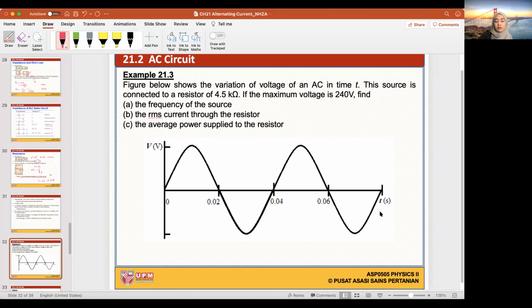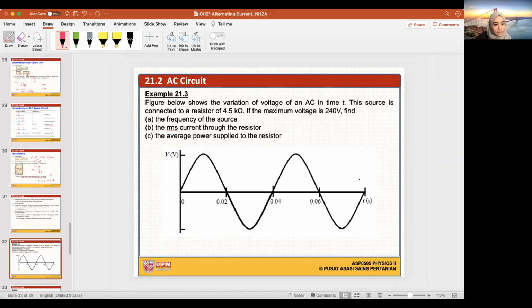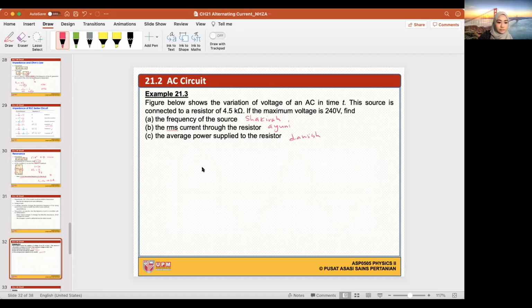Okay, yay, exercise. Saya boleh berehat. So this is your first example. I want to have Shakira to do this. Ayuni, betul tak saya sebut tu? Ayuni and Danish. Okay, so can we have Shakira, Ayuni and Danish to do this in 10 minutes?